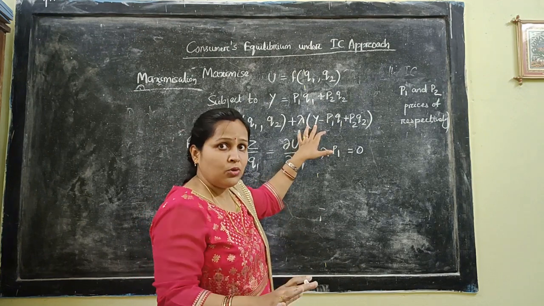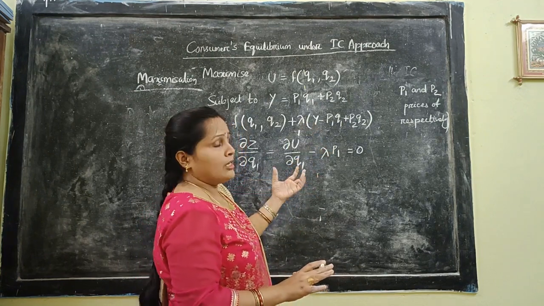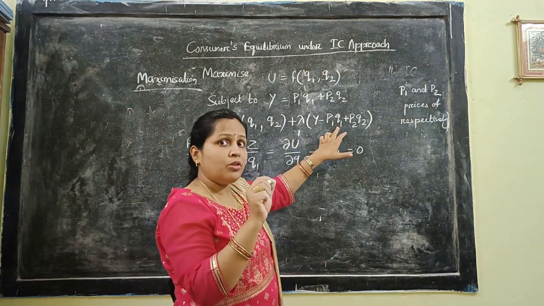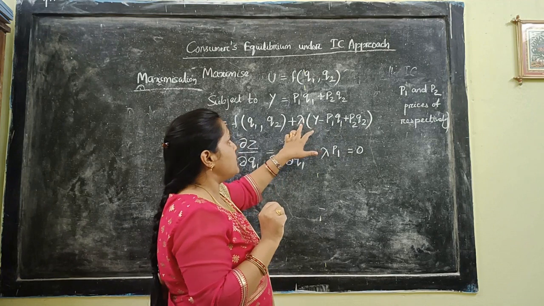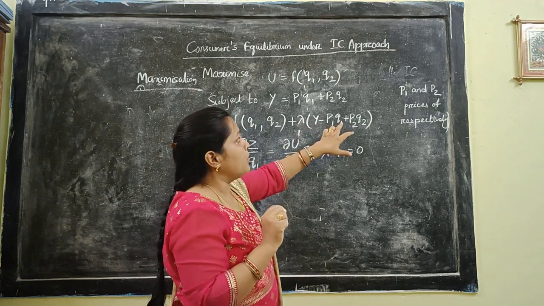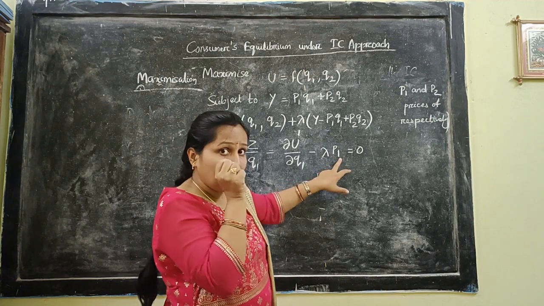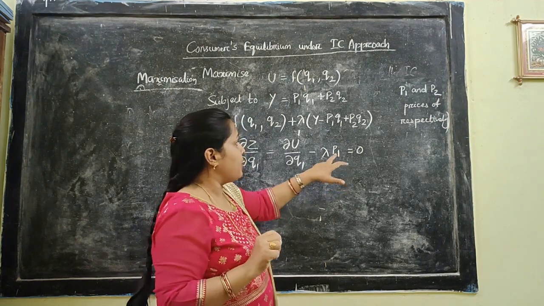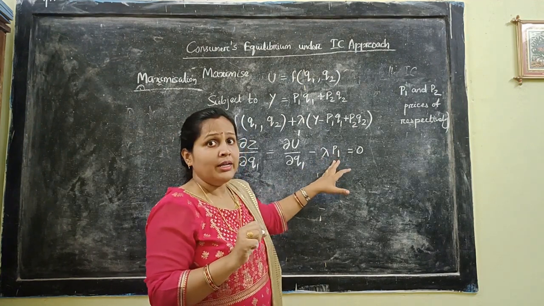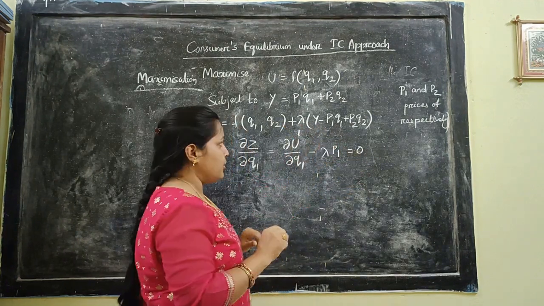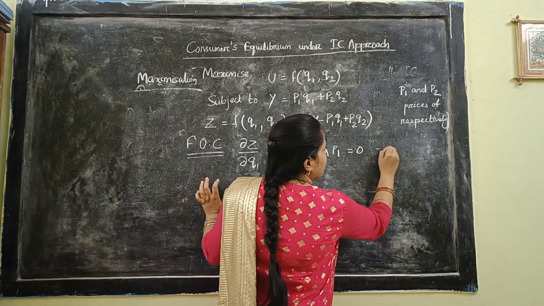It is a constant, so since we are taking partial derivative, it will be 0. In the second term there is the Q1 term, so minus lambda P1 remains, is equal to 0. So put it as equation number 1.